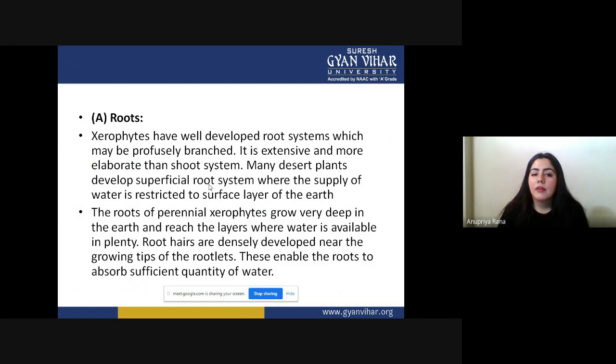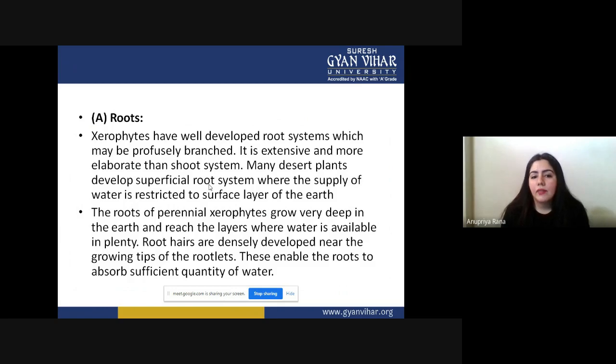Many desert plants develop a superficial root system, where the supply of water is restricted to the surface layer of the earth. Sometimes these desert plants have roots present deep in the soil, but in a superficial root system, the roots are present on the surface, increasing in the lateral areas, not going deeper in the soil.